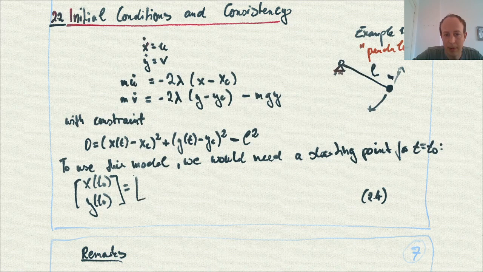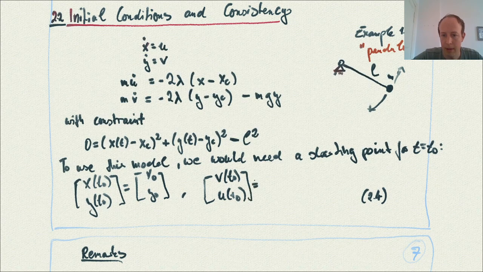They should equal some x0 and y0. And we need the initial velocities. So the v at t0 and the u at t0 should also equal some velocities v0 and u0.